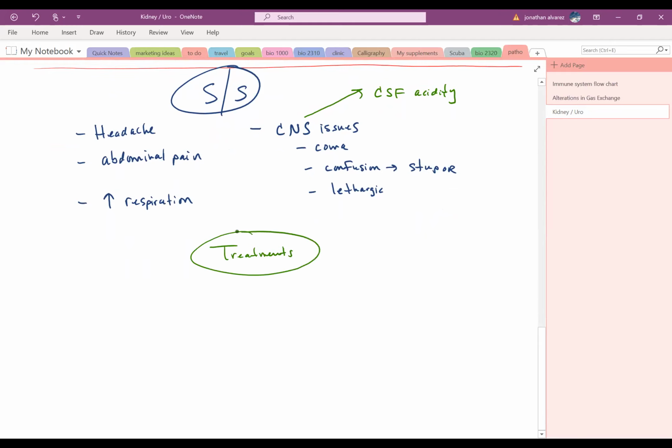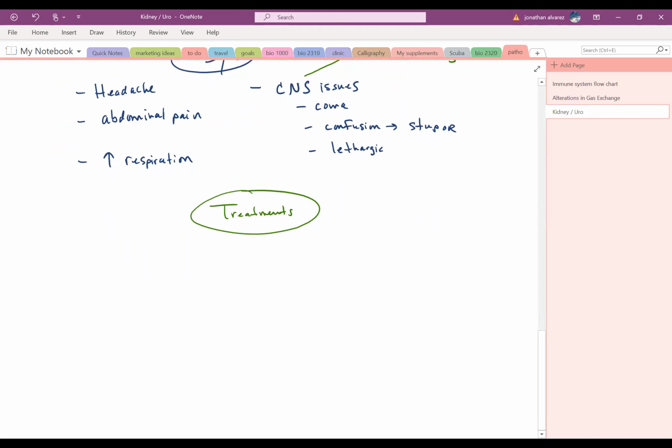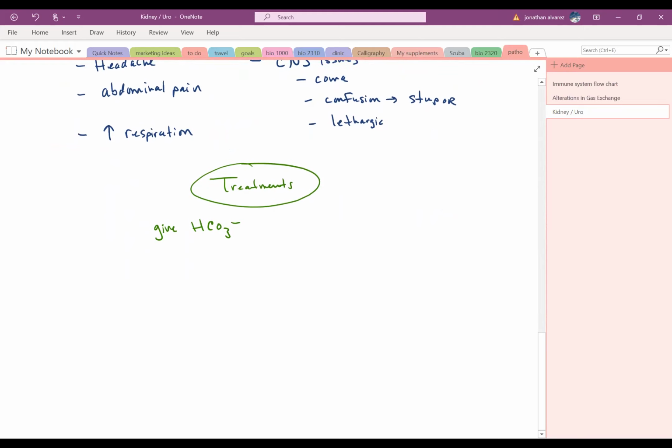Okay, treatments. You can give bicarbonates. Okay, you can give the patient bicarbonates. One of them will likely be sodium bicarbonate, or baking soda.